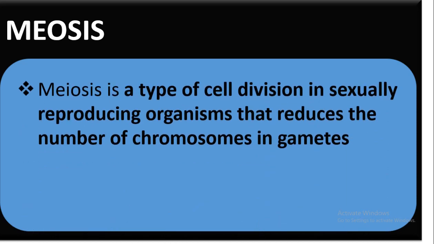Meiosis is just a type of cell division, in sexual reproducing organisms. We can also include human beings, they sexually reproduce. And this process of meiosis helps in the production of what? Of gametes.